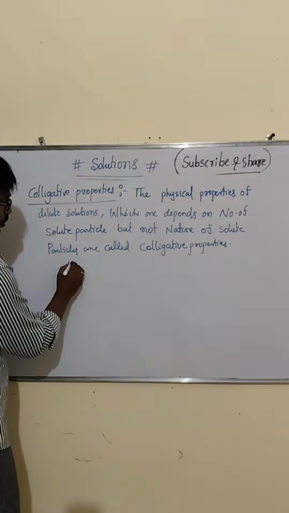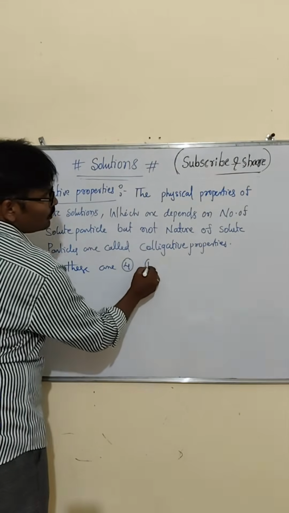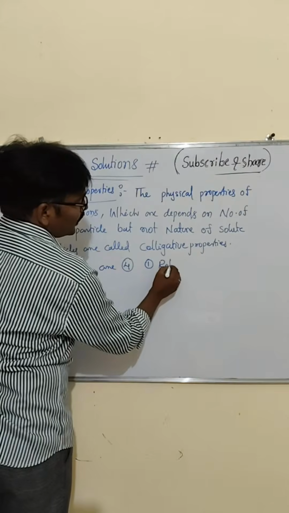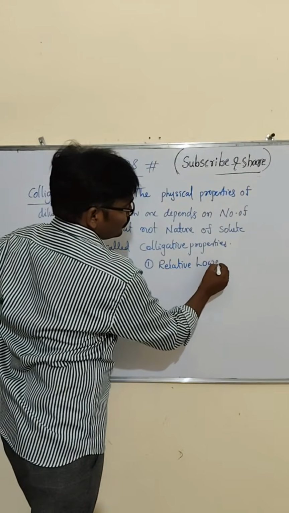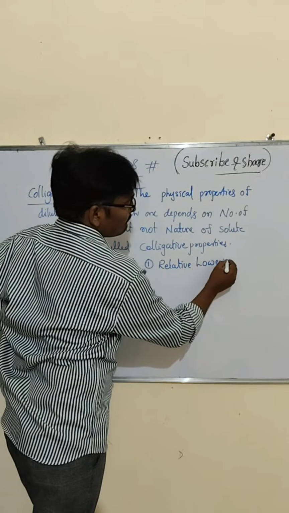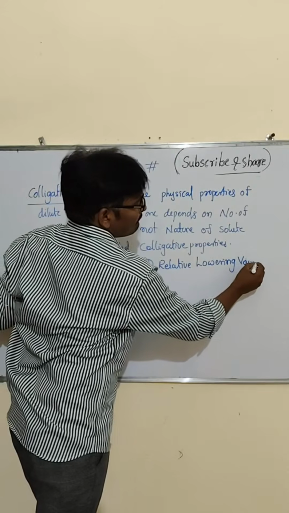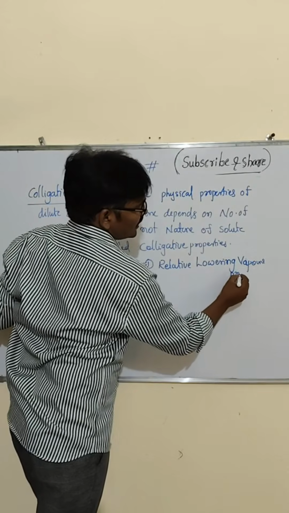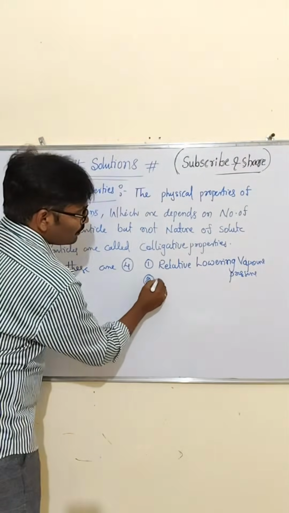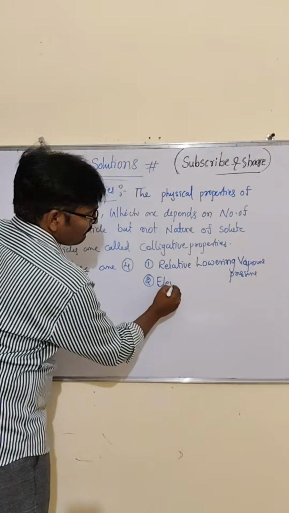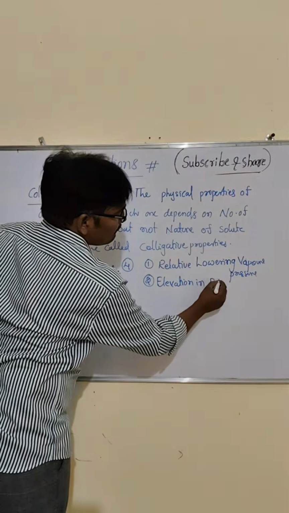So these are four. What are those? Number one, relative lowering of vapor pressure. Then number two, elevation in boiling point.